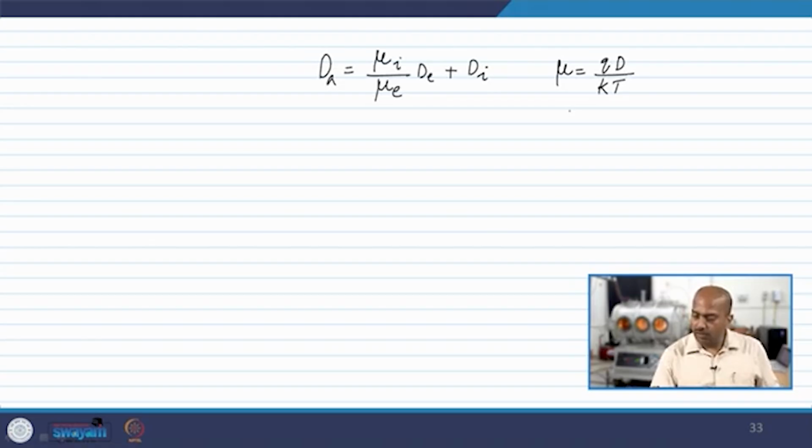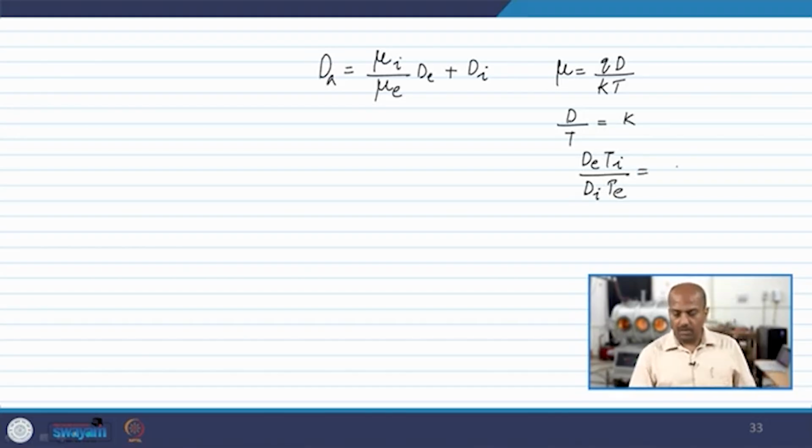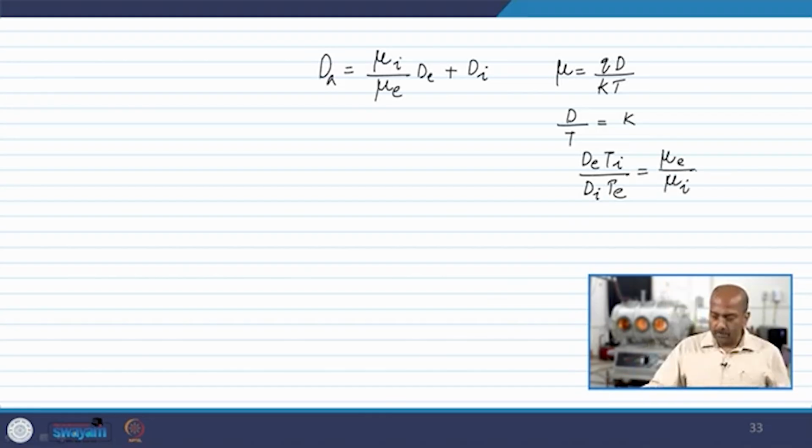So, for the remaining things to be constants, the diffusion coefficient by temperature is a constant. So, dE Ti divided by dI Te will be a constant, and this constant is going to be mu E by mu I, right.